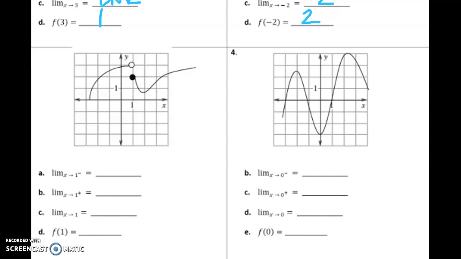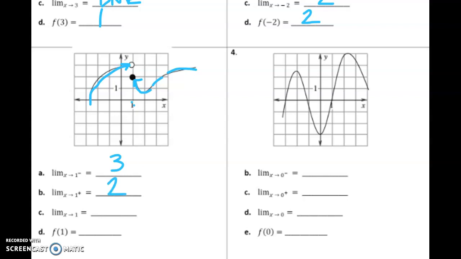So we want to know the limit as x approaches 1 from the negative side. So here's x equals 1. As x is approaching 1 from the negative side, my targeting value looks like it's a value of 3. As x approaches 1 from the positive side, it looks like my targeting value is a value of 2.